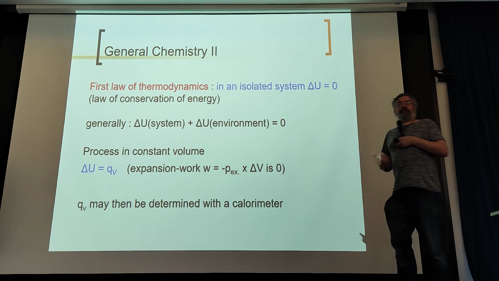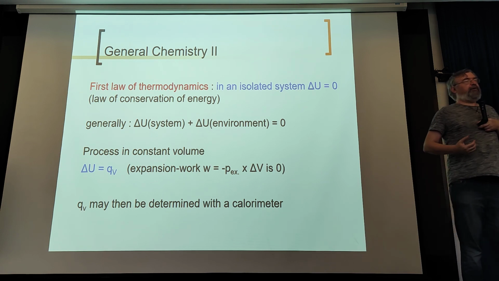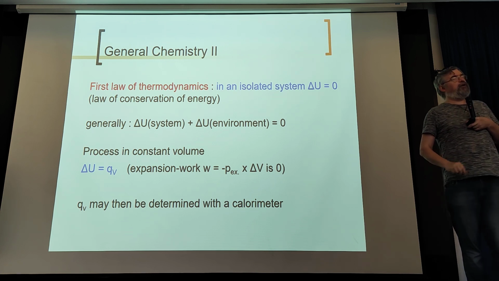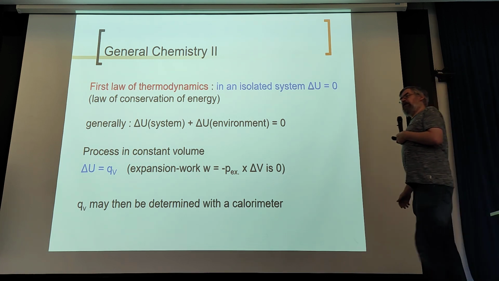So, an isolated system, you could consider it to be together the system and the environment. Together they are an isolated system. So that means the sum of these two exchanges, of these two internal energies, has to be zero, according to this first law of thermodynamics.